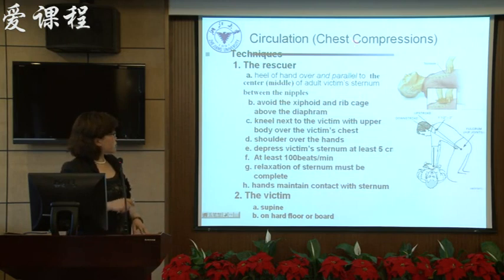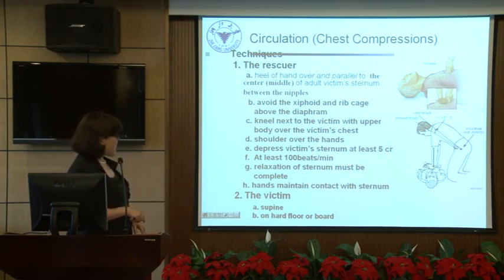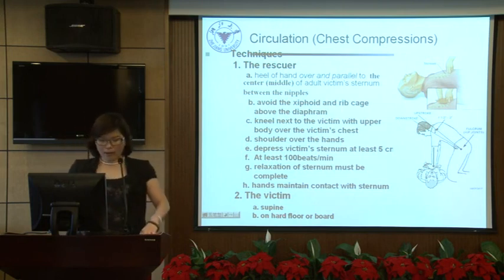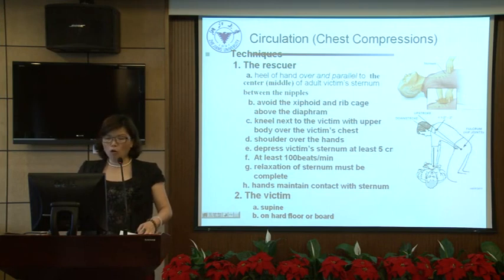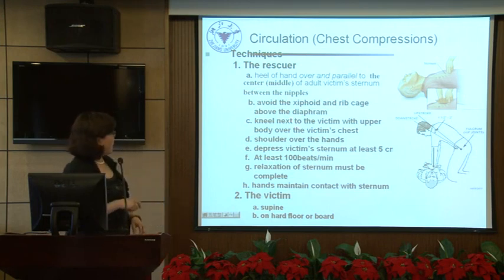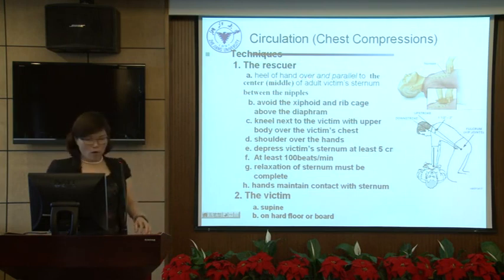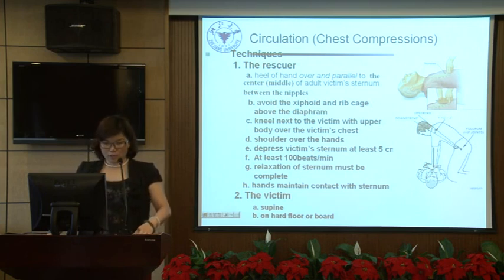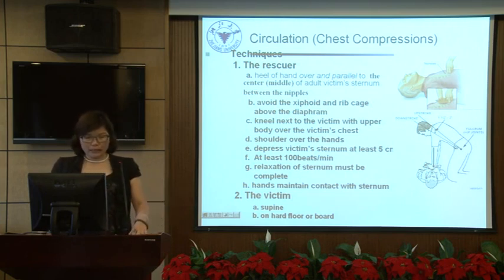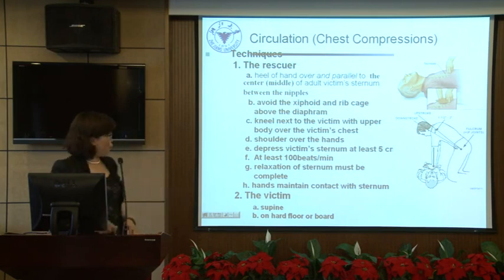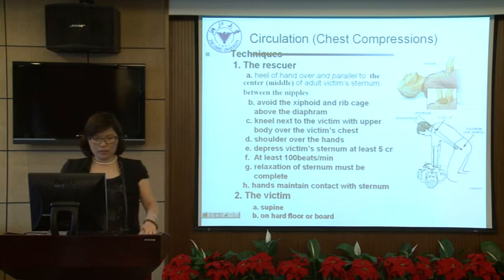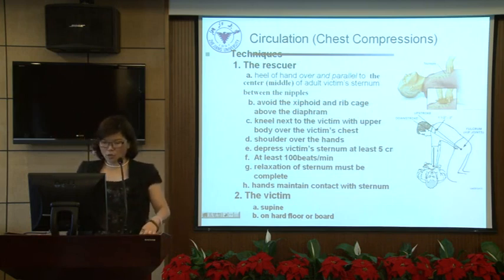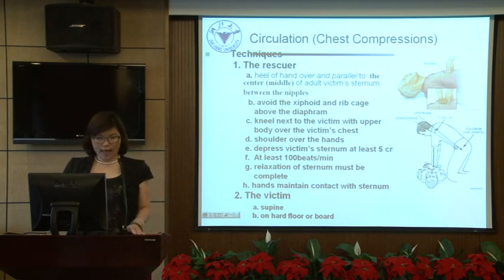How to perform chest compressions? This is the example. The technique for the victims: the victim is supine, on a hard floor or hard board. The rescuer places the heel of the hand parallel to the center of the adult victim's sternum between the nipples, avoiding the xiphoid and the rib cut above the diaphragm, and kneels next to the victim's chest with shoulders over the hands.